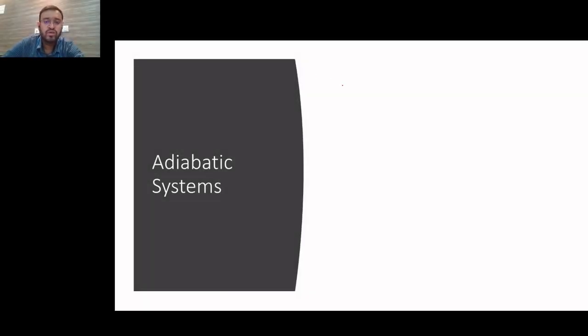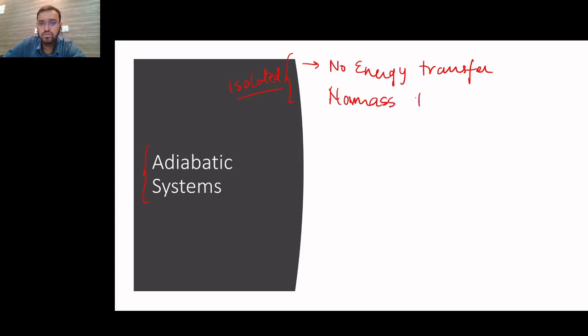We also have to talk about a subset of isolated systems called adiabatic systems. As I've just mentioned, these are a subset of isolated systems. Now an isolated system is a system in which there is no energy transfer and no mass transfer across the boundary.